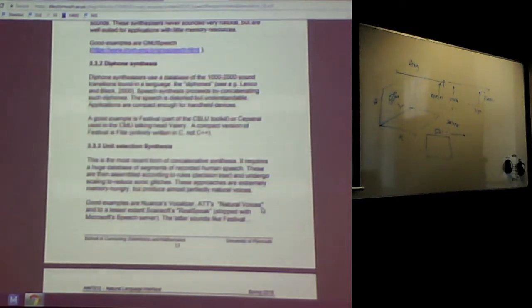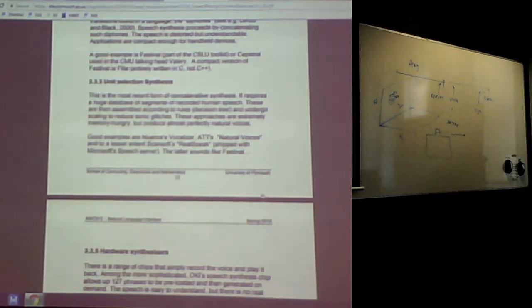You have the unit selection synthesis, which is how Nuance works. These use bits of recorded human speech and recombine them according to some smart rule.